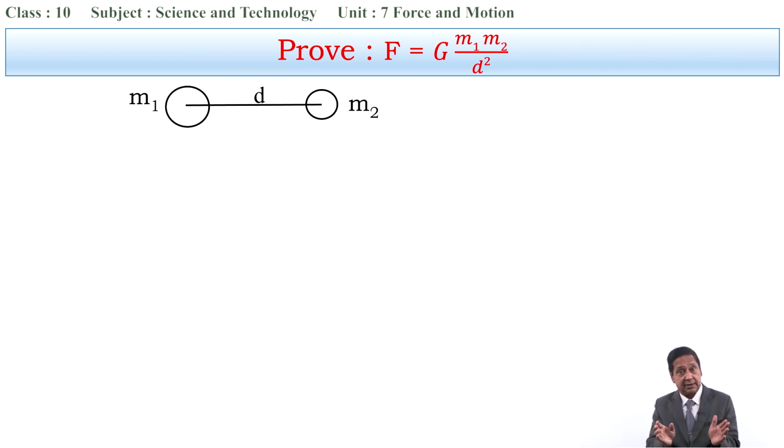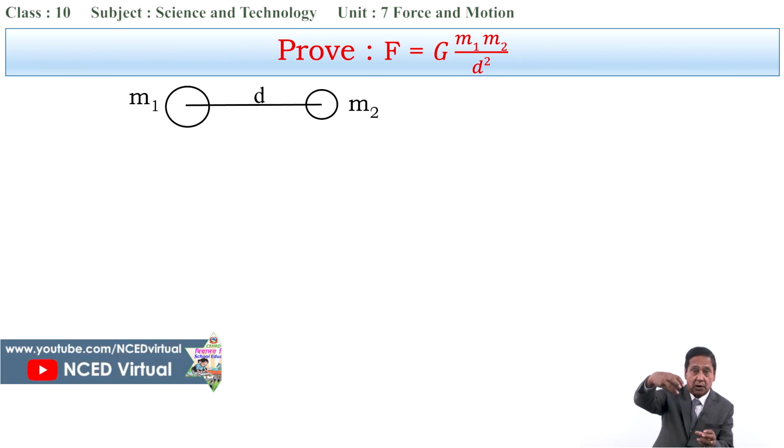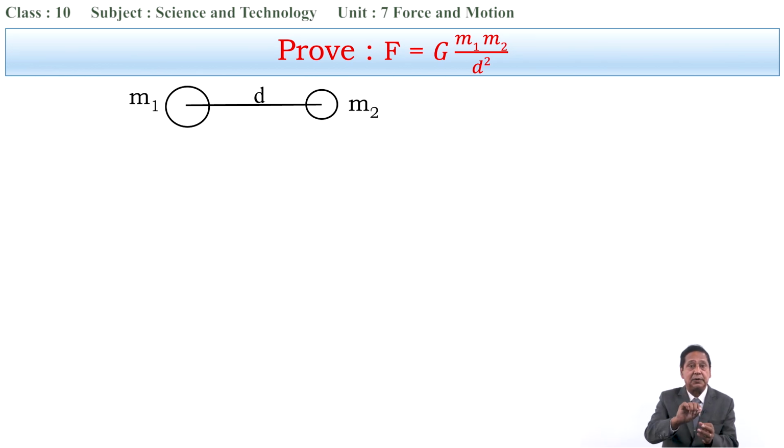Remember this. If we have a body on the surface of the earth, then the distance between them wouldn't be zero. Because the body is lying on the surface of the earth, they are touching each other, and if we measure distance from surface to surface, then the distance becomes zero. Does it mean that earth is not attracting that body? No, earth attracts that body. The gravitational force exists between these two bodies.